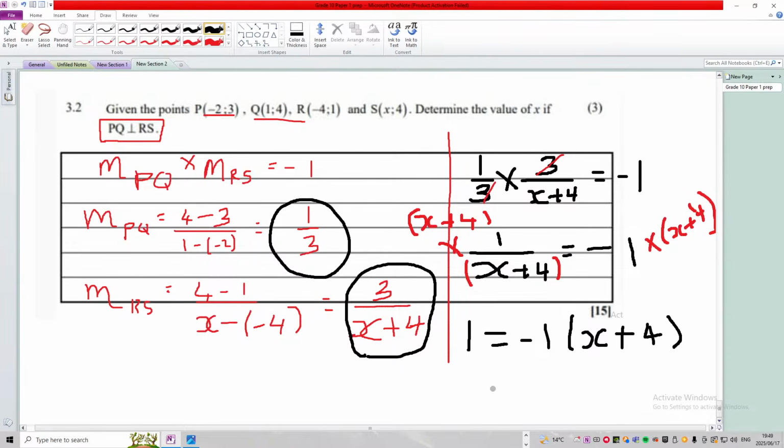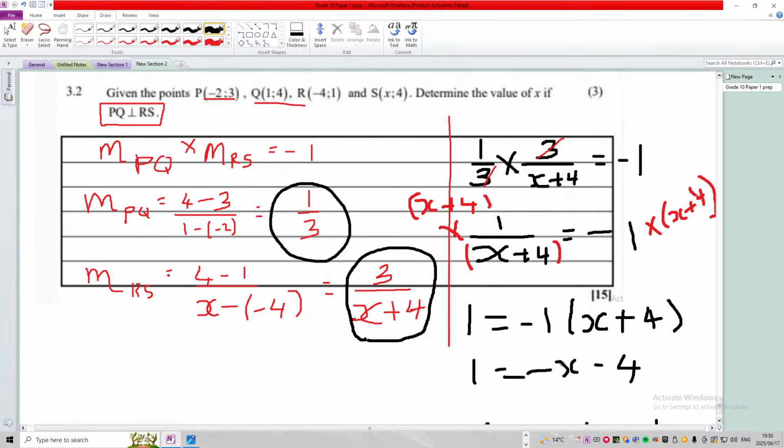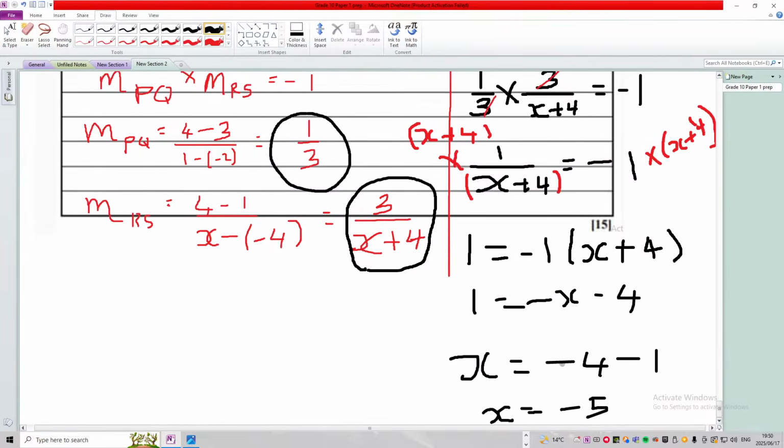That's my equation. I'm solving for x. 1 equals minus x minus 4. Take the x over, -4 minus 1, took the 1 over. x equals -5. PH, you said the value of x is -7. Incorrect. There is my value of x.